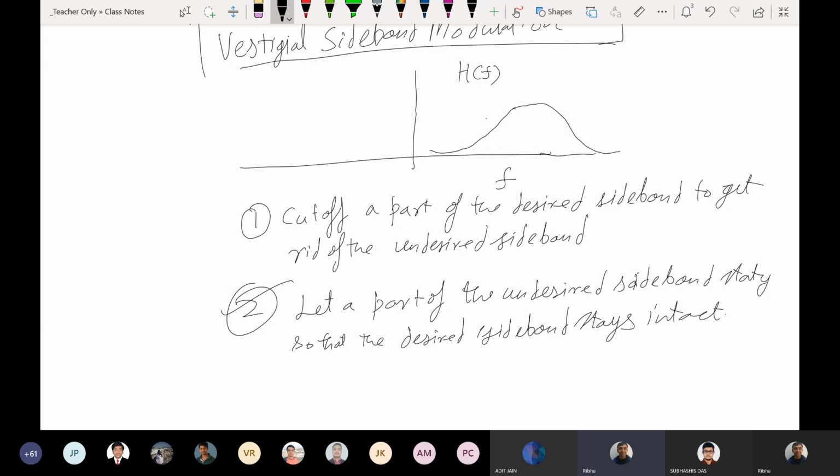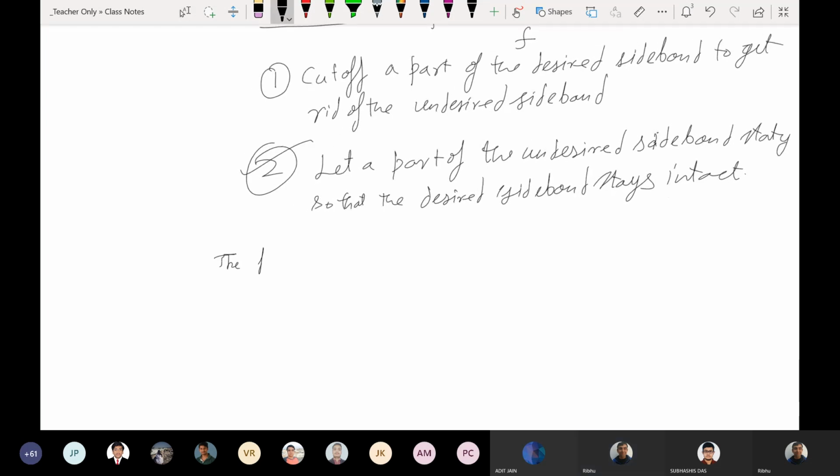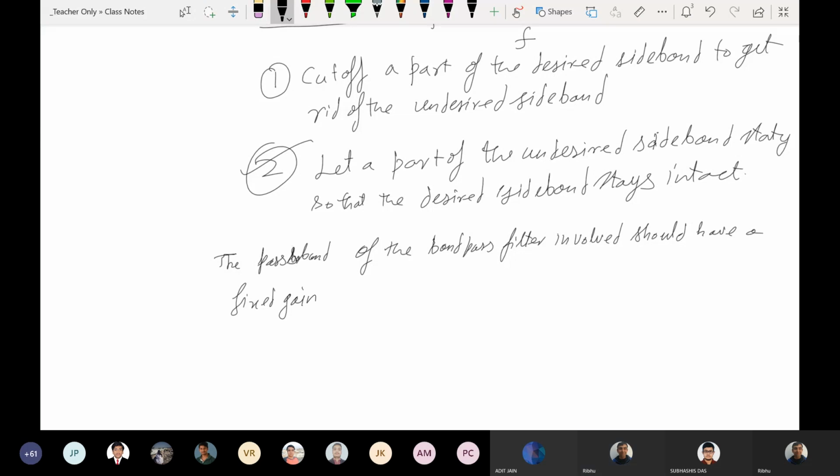And the only criterion for vestigial sideband modulation is that the passband of the bandpass filter should have a fixed gain. Fine. This is more of a qualitative discussion.